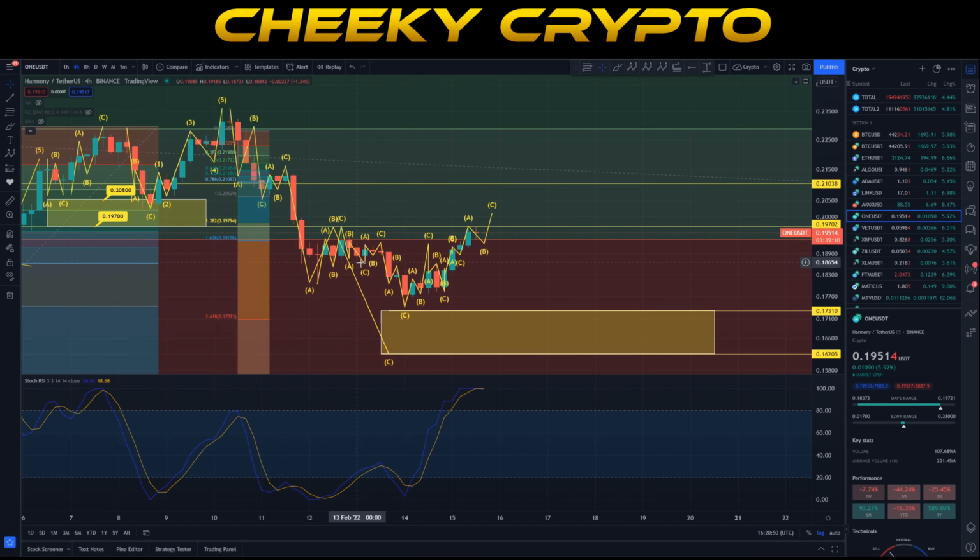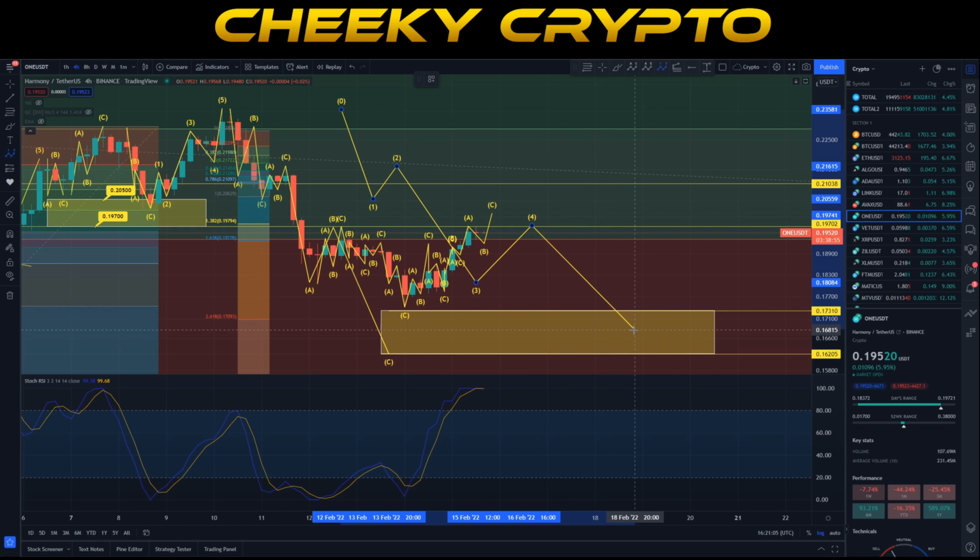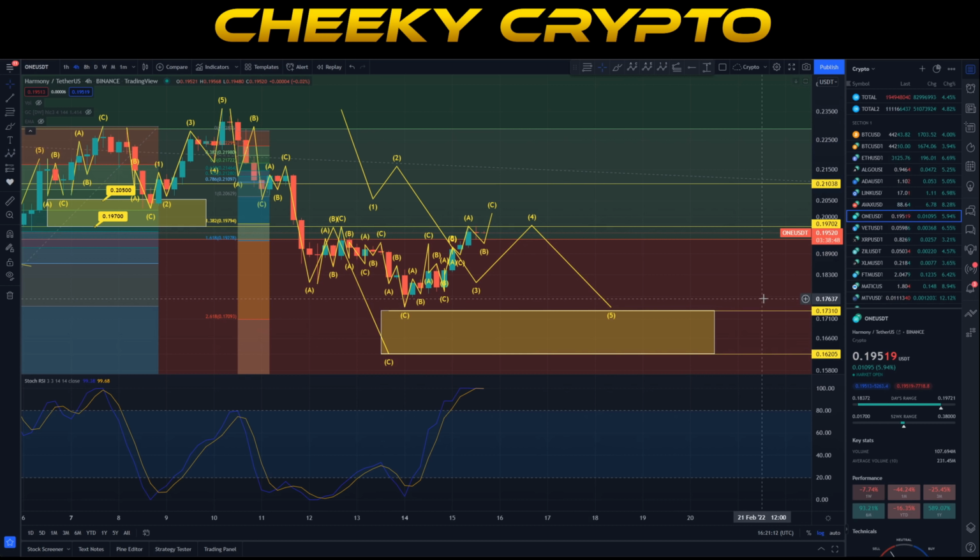So we'll keep our minds open to the idea that this is instead of a bunch of ABC corrective moves, even though it's not technically impulsive, it could be wave 1, wave 2, pull down into wave 3, up for wave 4, and then down into wave 5, which would actually be complete right here. Okay, so this low point just north of our area.